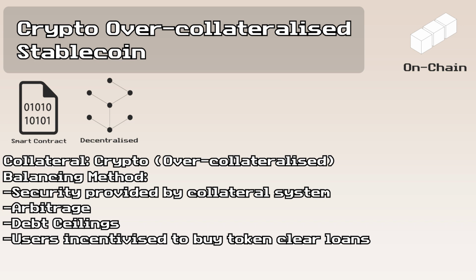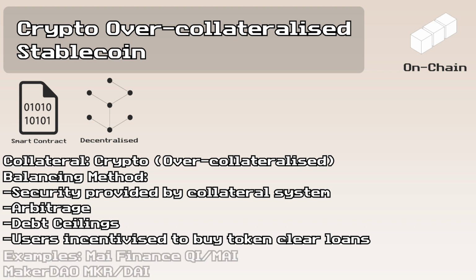Another incentive is that the users of a platform for the stablecoin who are taking loans are incentivized, if the price goes under peg, to pay back their loans, as their loans will then become cheaper. So some examples of this are QiDAO and MakerDAO, both of which feature all these features that we've just discussed.